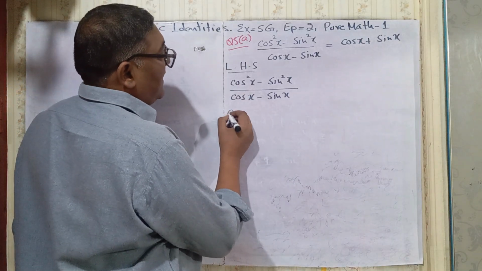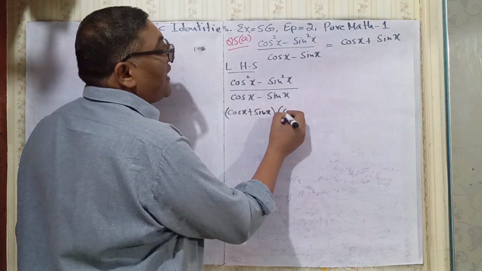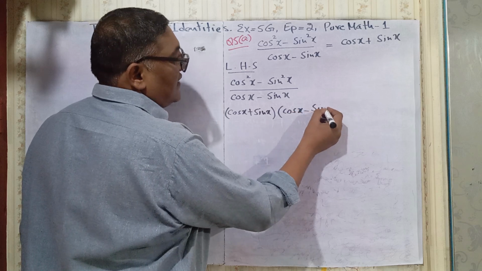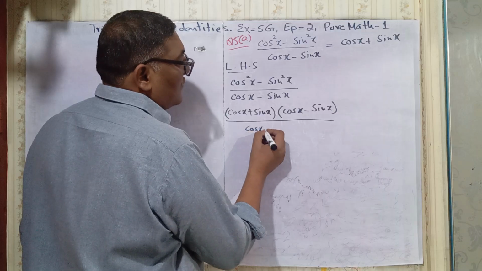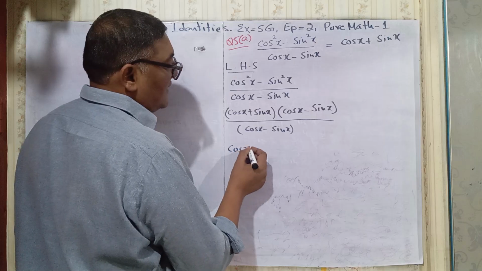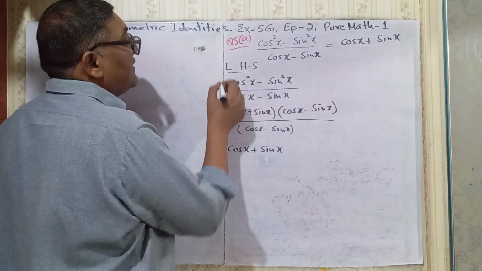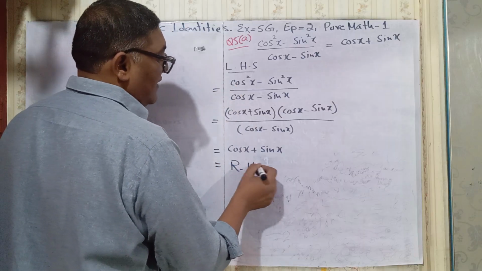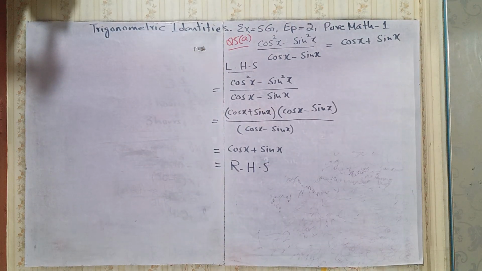So I can also write this like cos of x plus sine of x in one bracket, and in the other bracket we will have cos of x minus sine of x, divided by cos of x minus sine of x. And you see this cancels, so you are left with cos x plus sine of x, and this is equal to your right hand side. So this is how you do question number 5 and its A part. I hope you understand.